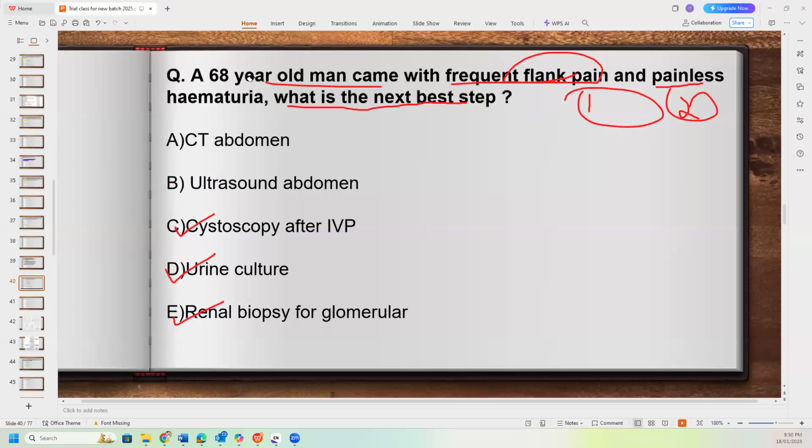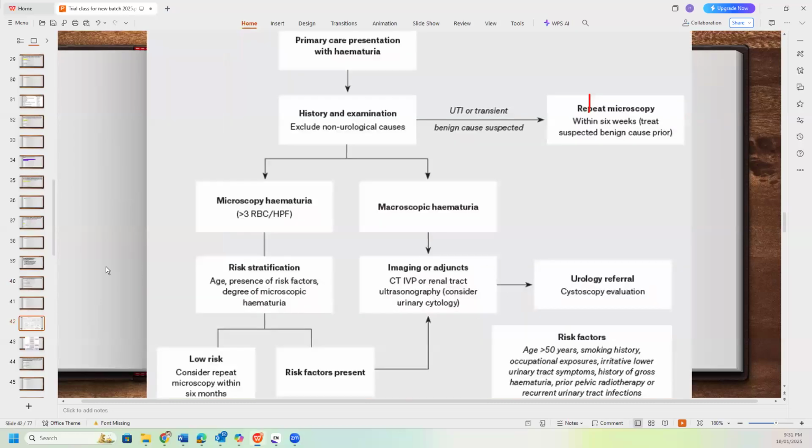Alrighty, let's have a look. Primary care presentation with hematuria. You have done history and examination to exclude non-urological causes, which is UTI or transient benign cause. What do we do? We repeat microscopy.